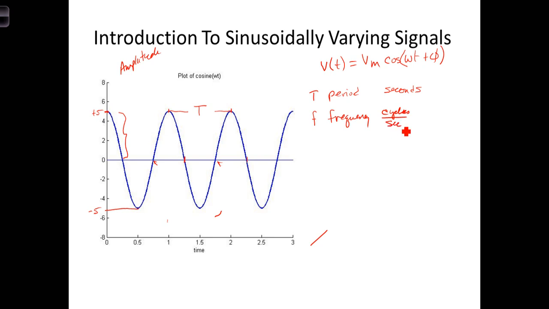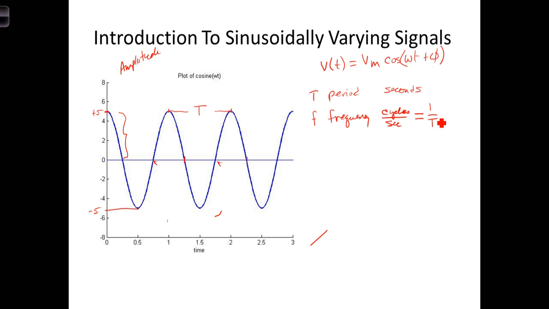And if you stop and think about it, if the period is the length of time that it takes to go through one cycle, so many seconds per cycle, then frequency, the cycles per second, is just equal to 1 over T. And that gives us a frequency in cycles per second.